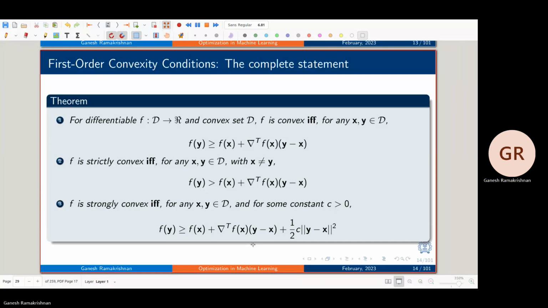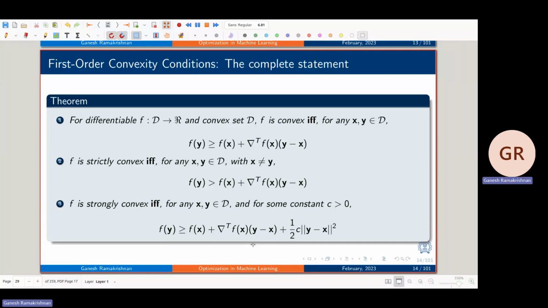We had this hyperplane, and we are saying that at point x, this is exactly the supporting hyperplane, so that the function lies above it. The epigraph of the function lies above it. So this is for convexity.